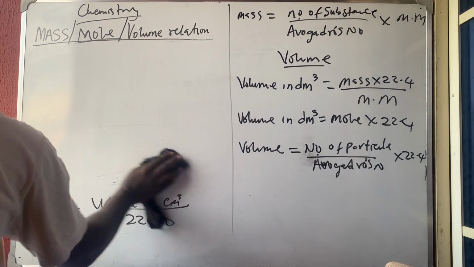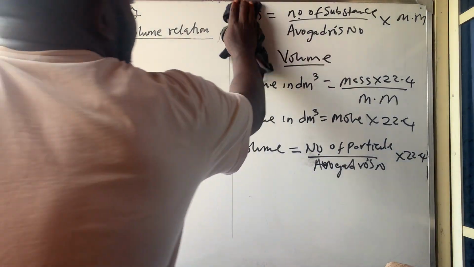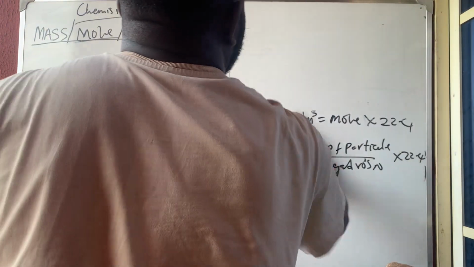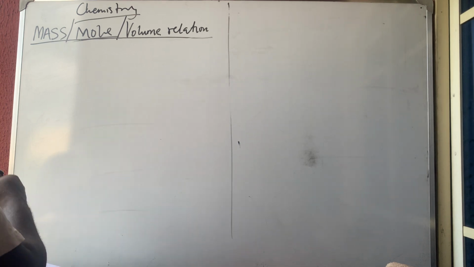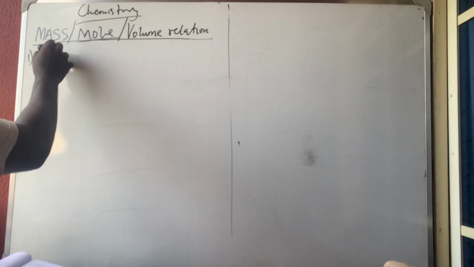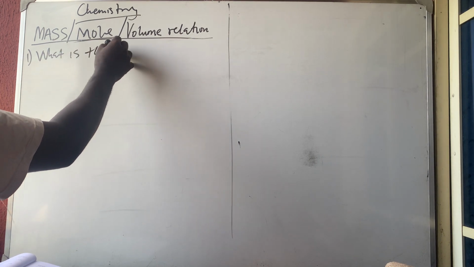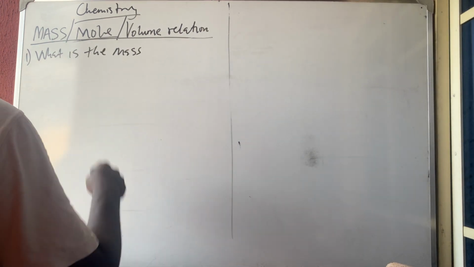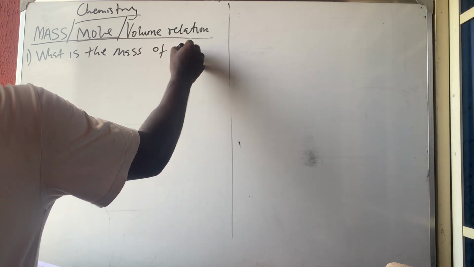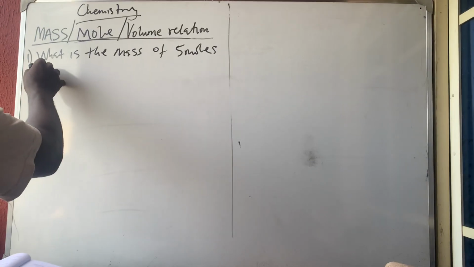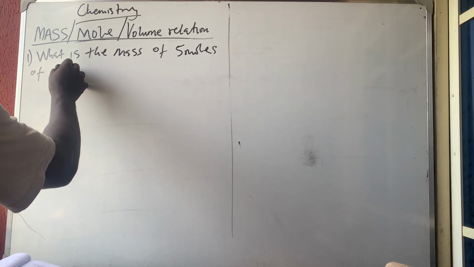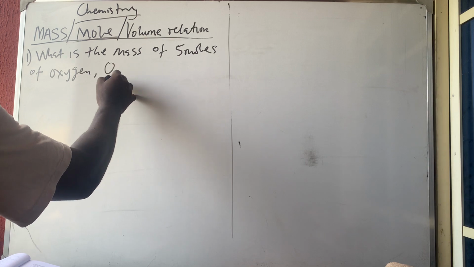Let us solve some calculations to illustrate what we have written, or to make use of the formula. The first question says, what is the mass of 5 moles of oxygen, O2?